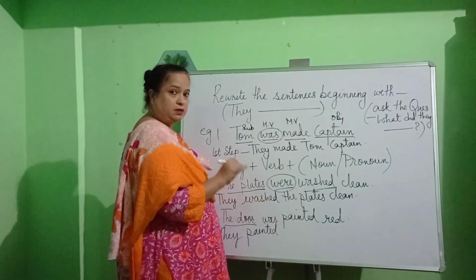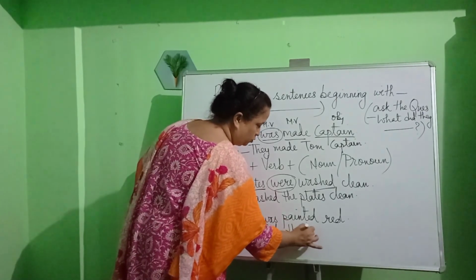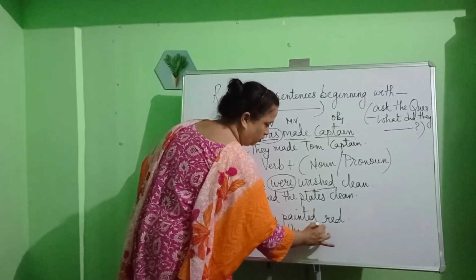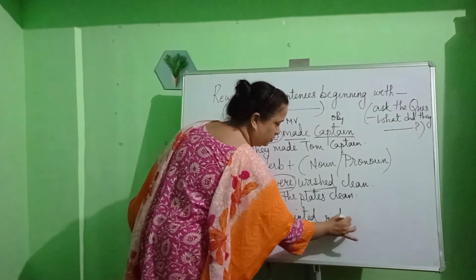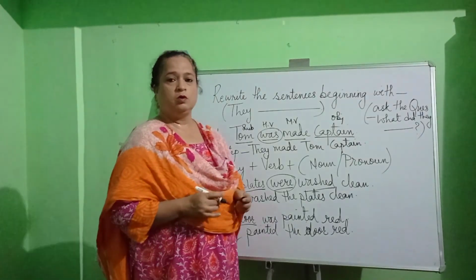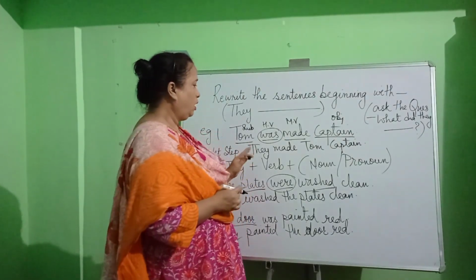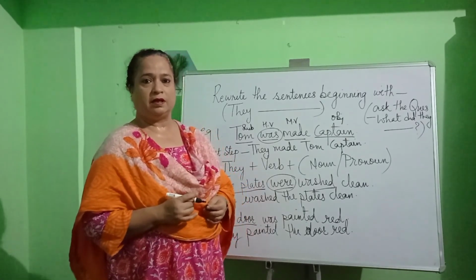I get the answer, they painted the door. Okay? Now, how did they paint the door? What was the color of the door? It was red. That means they painted the door red. So, I hope children you have understood how we are going to write our answers or sentences beginning with they. Thank you.